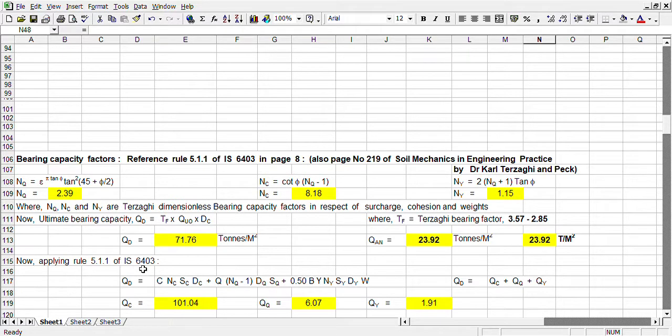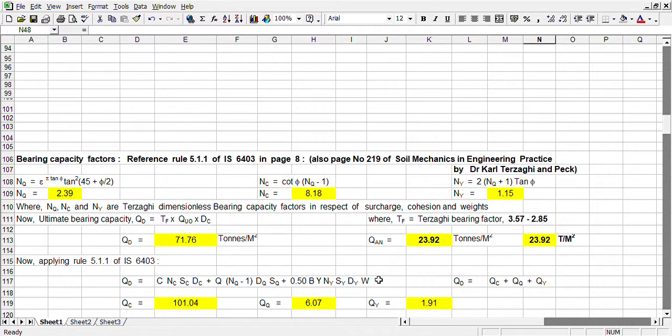In IS 6403, this ultimate bearing capacity is C Nc Sc Dc plus q (Nq minus 1) dq sq plus half B gamma N gamma S gamma D gamma and the water table correction factor.